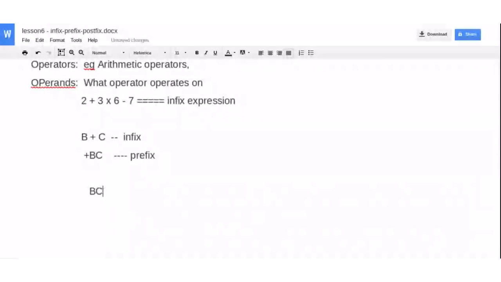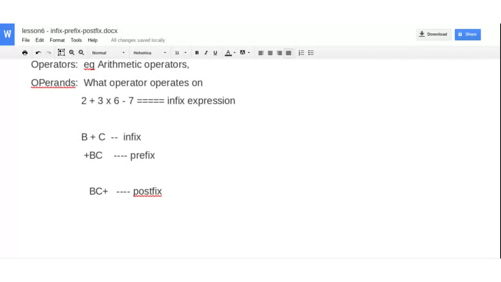So that is now postfix. Infix is just the way that we write arithmetic expressions. Then we have these two formats.